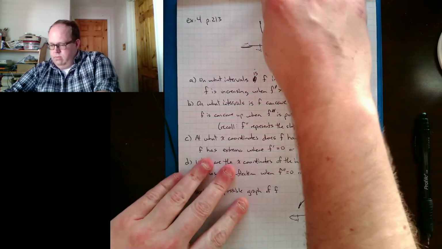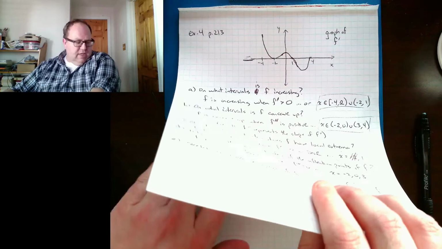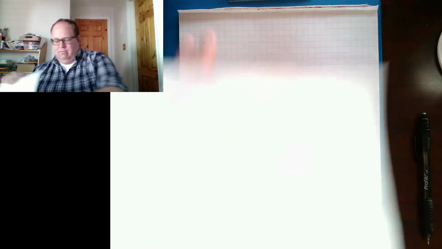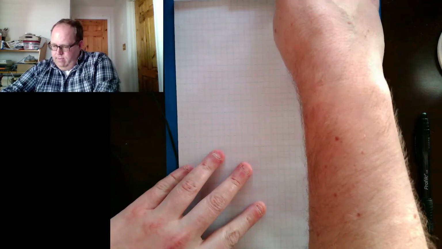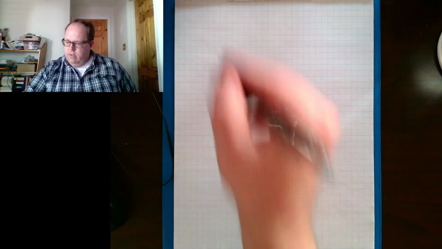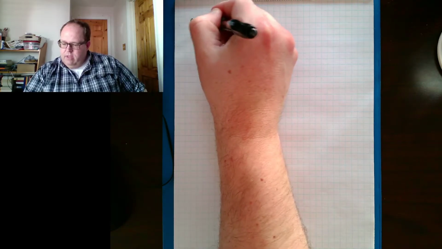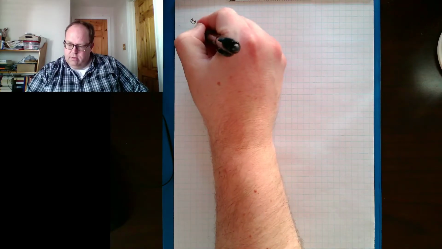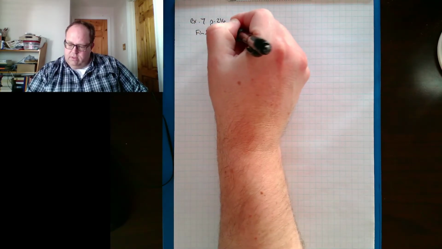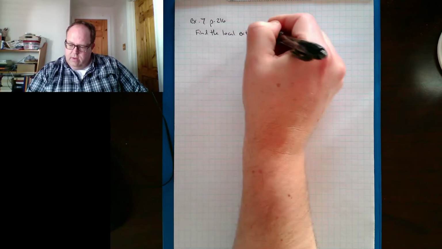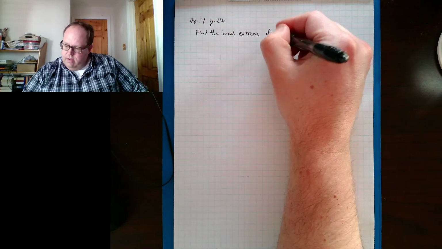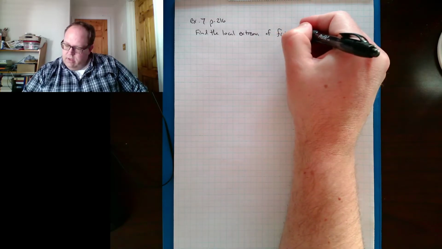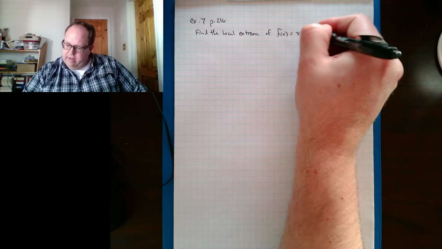So, example 7 on page 216 asks us to find the local extrema of f of x equals x cubed minus 12x minus 5.